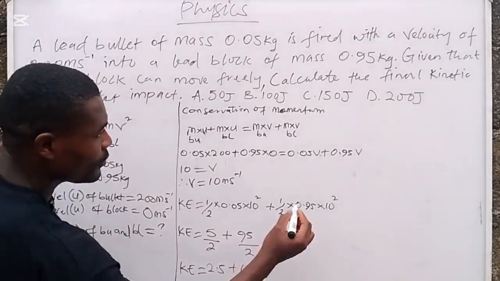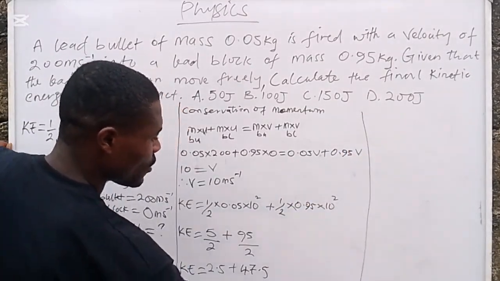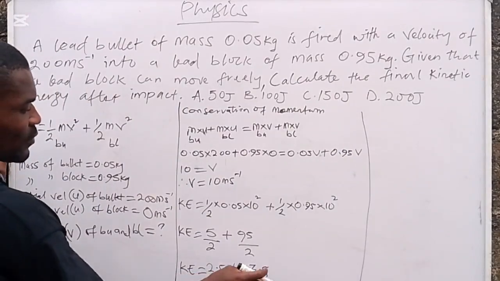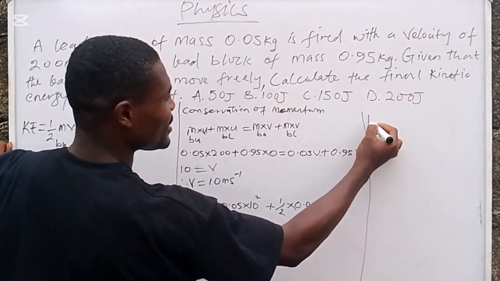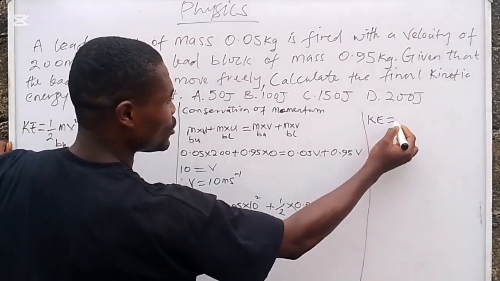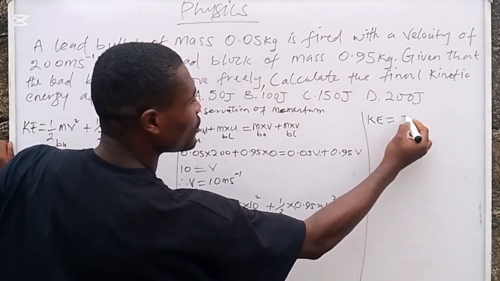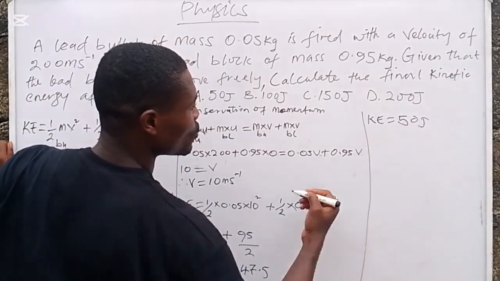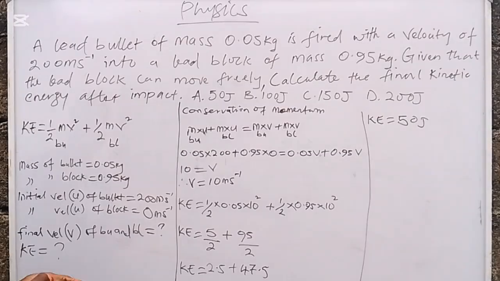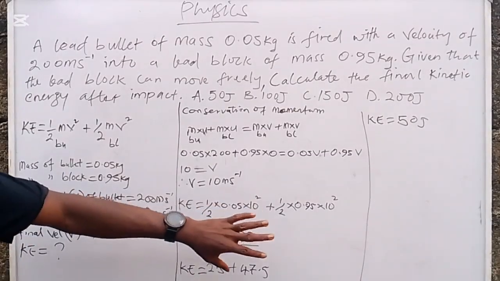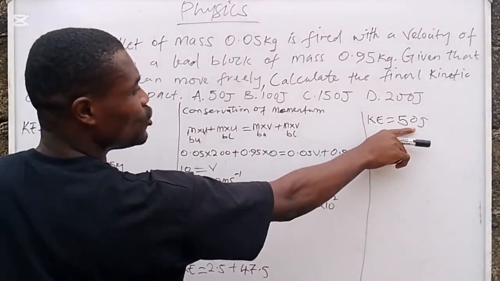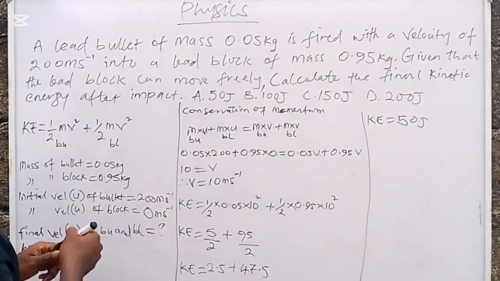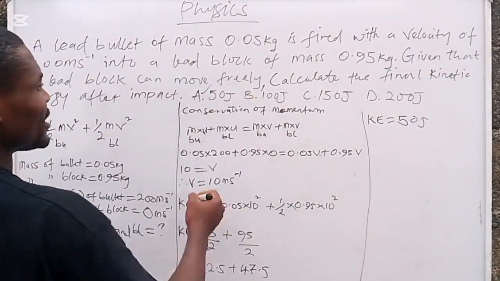Now we have that 2.5 plus 47.5 should give us a final kinetic energy of 50 joules. So the final kinetic energy after impact is 50 joules, right? And if you look at the options, option A is the correct answer, 50 joules.